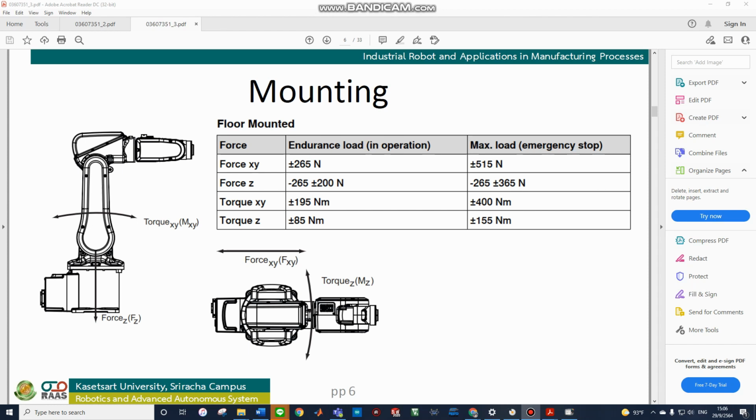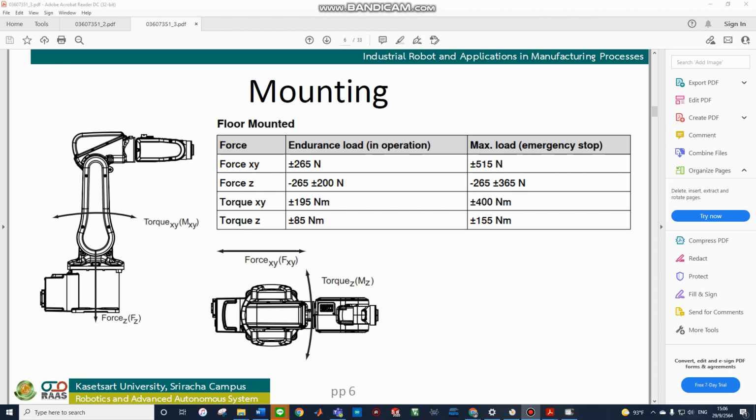The torque endurance load of the XY axis is 195 Newton meter, and the max load of emergency stop is 400 Newton meter.